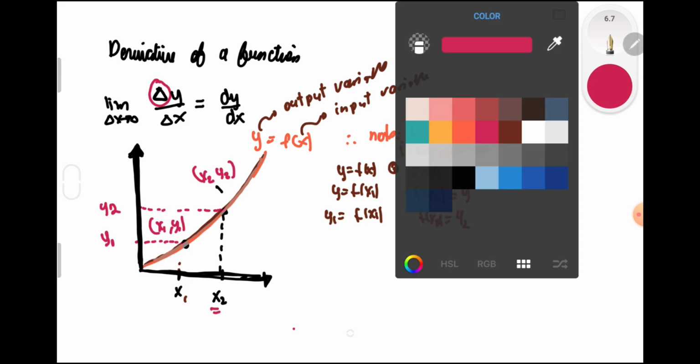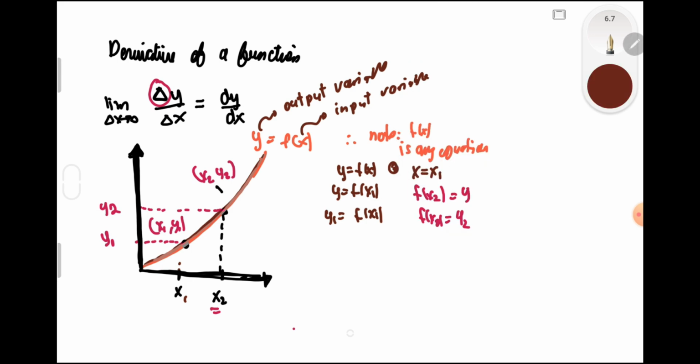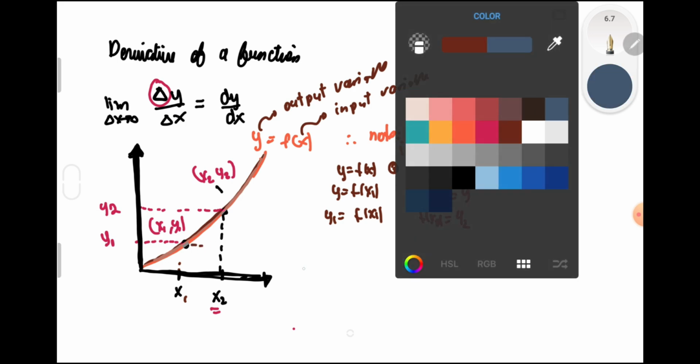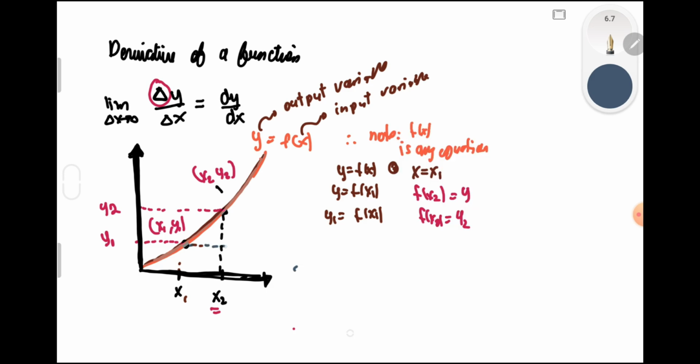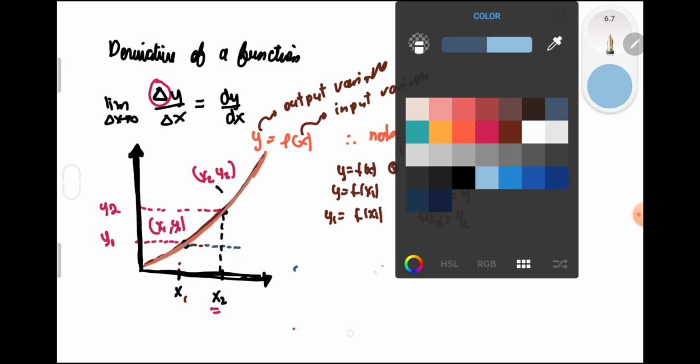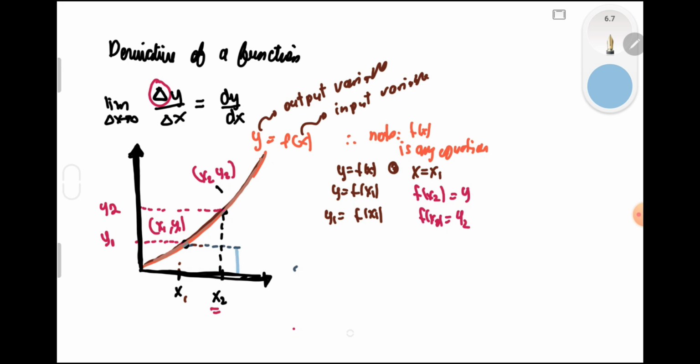So if I have a function f of x wherein I will have a point x sub 1, meron tayong y sub 1. Gawa ko ng reference point which is my datum. Ito yung datum natin. So you all know that from this point we have our y sub 1, tama ba? Ito yun.